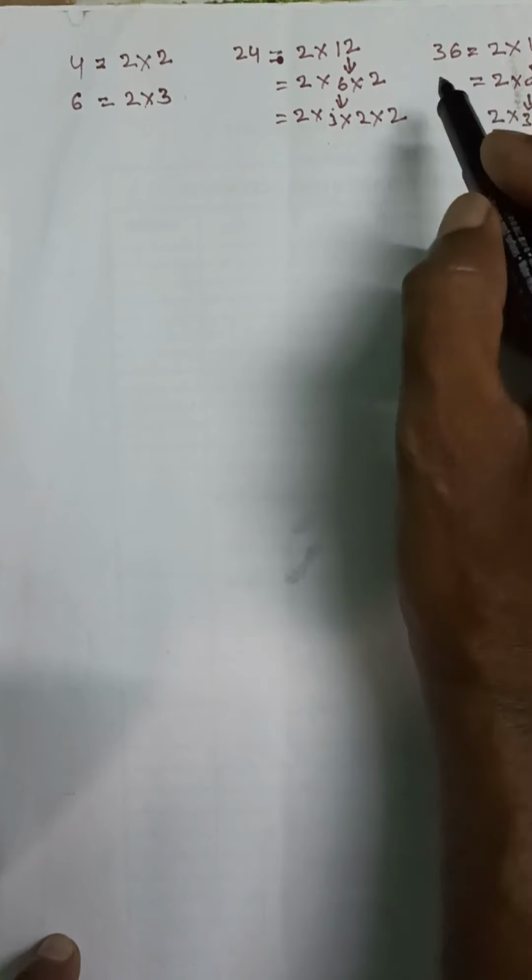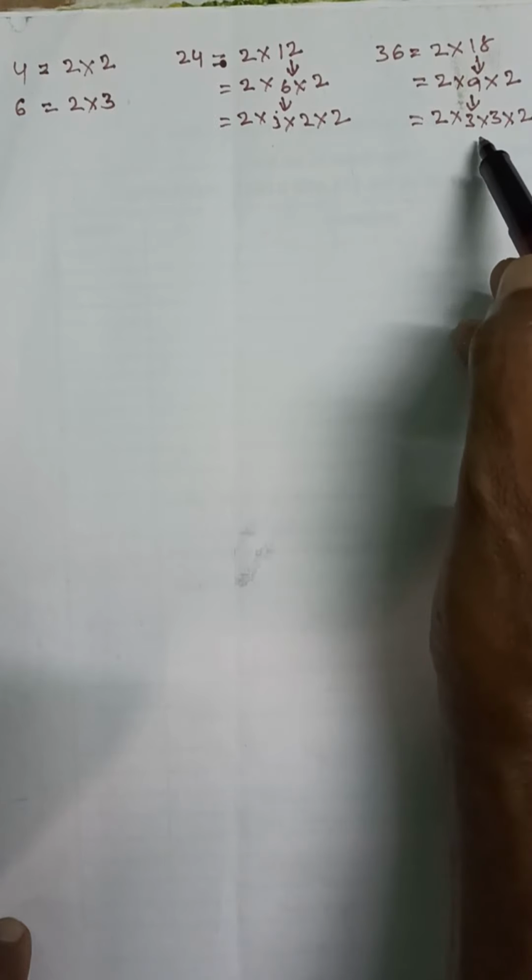So 36 is a composite number, and it can be written as the product of primes 2 into 2 into 3 into 3.